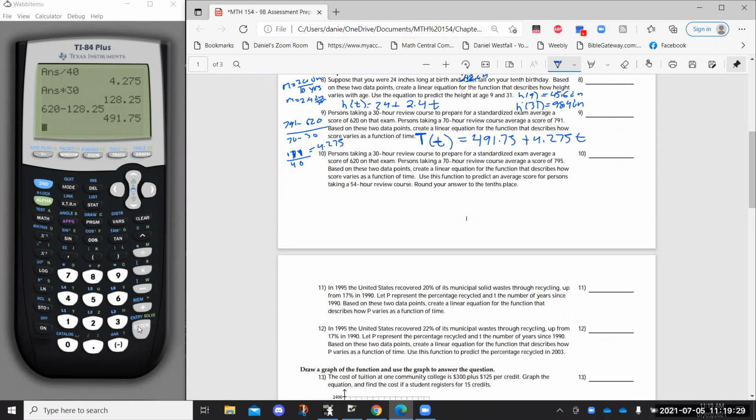Very similar problem, they just changed the numbers slightly so that I couldn't use the formula that I just created. So I've got to make the formula again. 795 minus 620, 175 divided by 40. Again, this rate of change is 4.375 now.